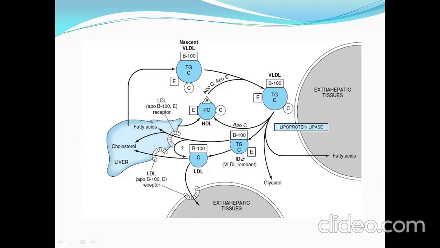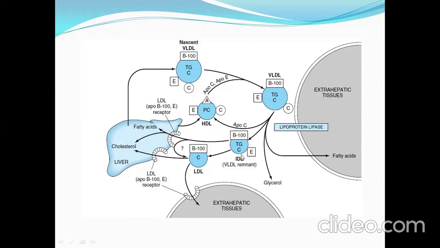Another name for IDL is the remnant of VLDL. Once VLDL breaks down, the remnant is called IDL. In between LDL and VLDL, there is this product, called the VLDL remnant. Nowadays, you call it IDL.